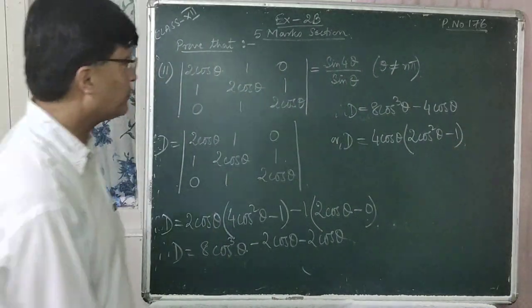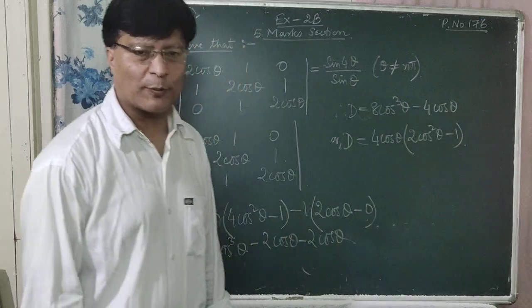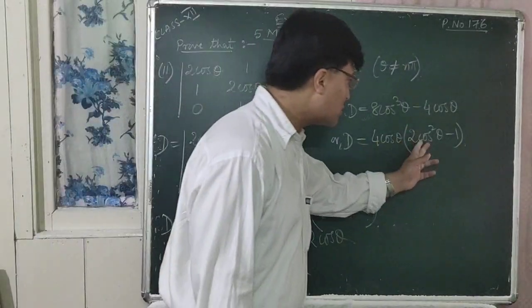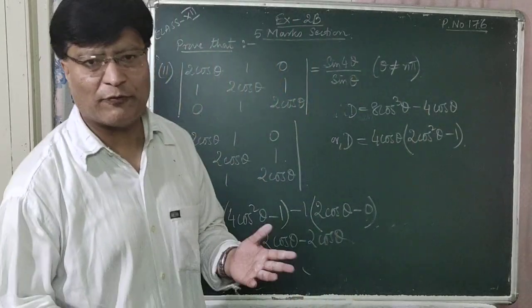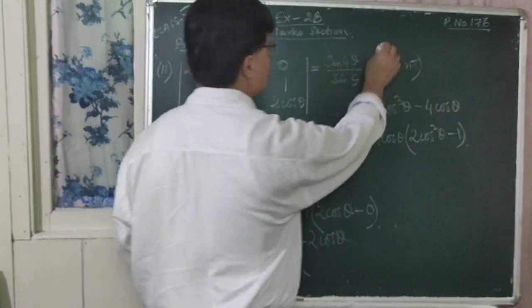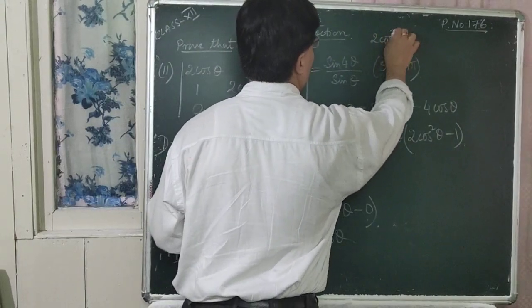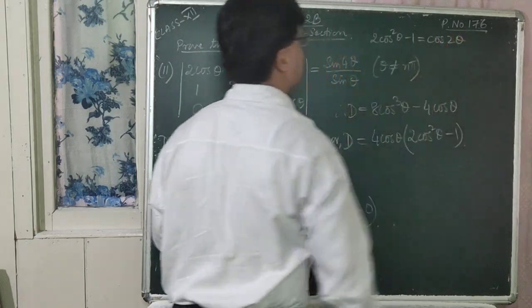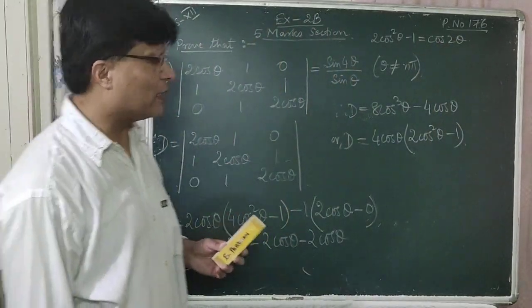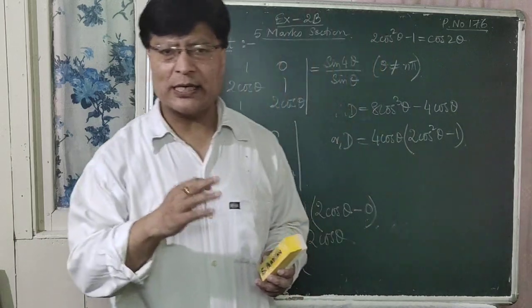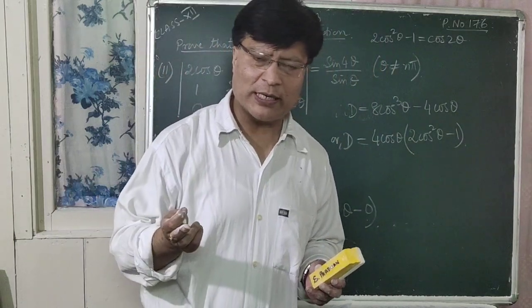Right? So now you should know the formula from trigonometry. I told you. Isn't it? So 2 cos square theta minus 1, key formula. What is the formula for 2 cos square theta minus 1? Let us write here. It is the formula for cos 2 theta. You know that there are 4 formulae for cos 2 theta. One is cos 2 theta is equal to cos square theta minus sin square theta.